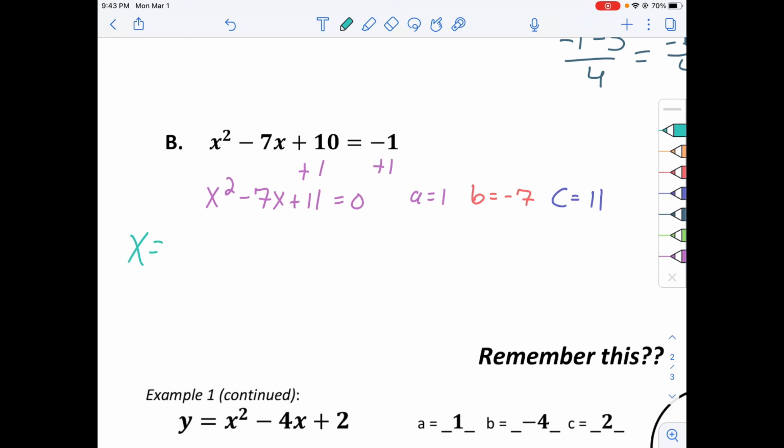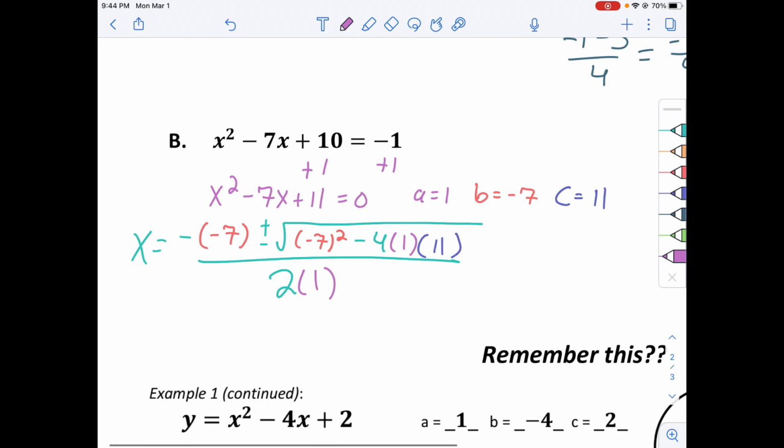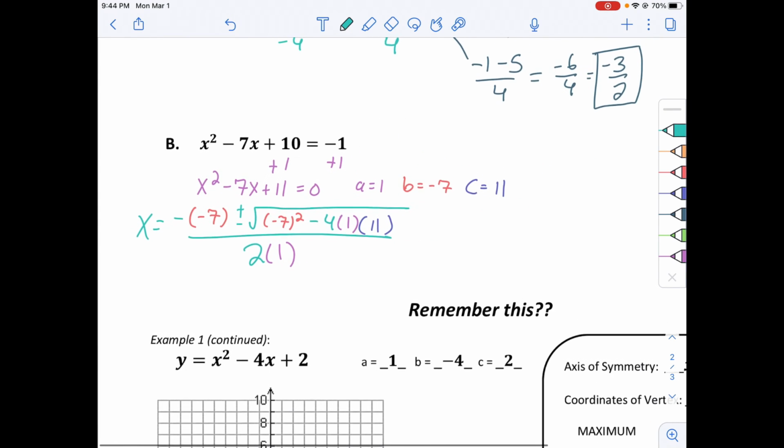x equals the opposite of b, so negative 7, plus or minus the square root of b squared, so negative 7 squared, minus 4 times a, which is 1, times c, which is 11, and then that whole thing is getting divided by 2 multiplied by a, which is 1.